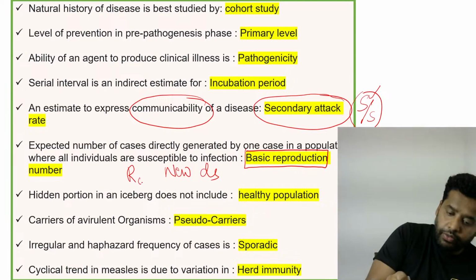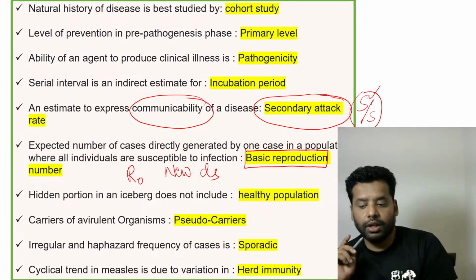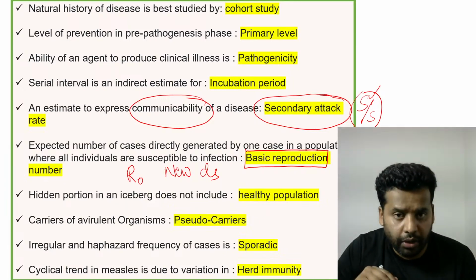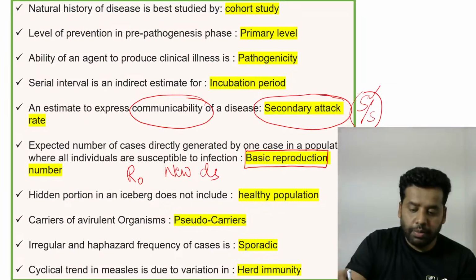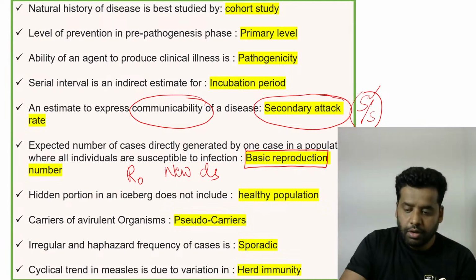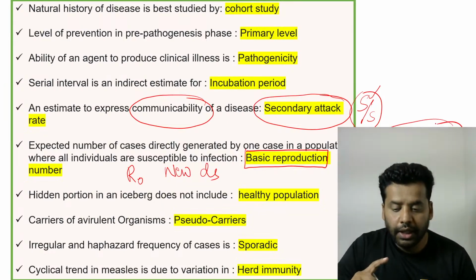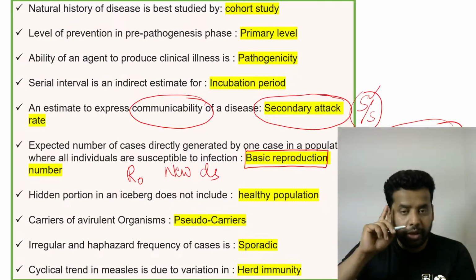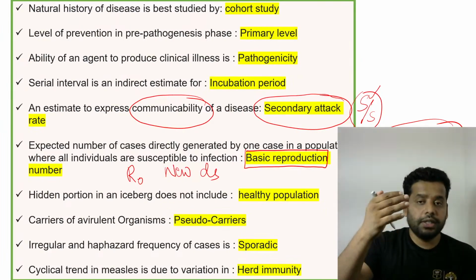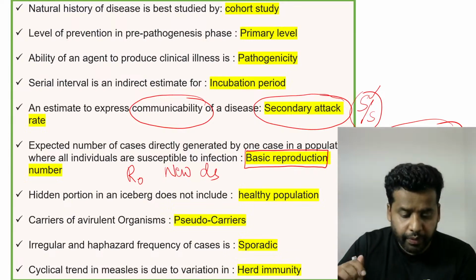The way of expressing this is R naught. R naught is the basic reproduction number. If R naught is more than 1, it leads to epidemic. Outbreaks will happen. It is very difficult to control, the number of cases generated by one case in a completely susceptible population.